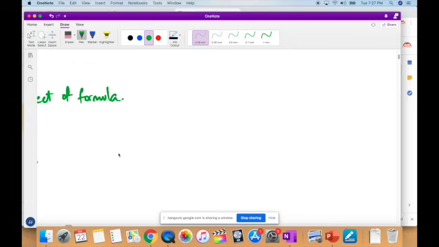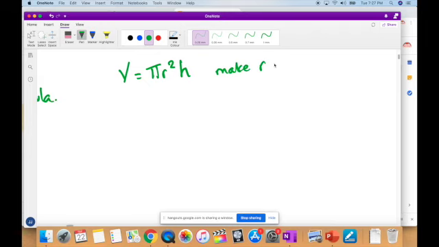Yeah. Right? So what if I have volume is equal to pi r squared h, and I tell you, make R the subject of the formula?